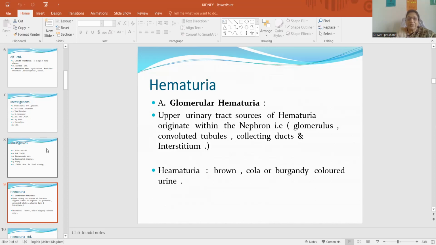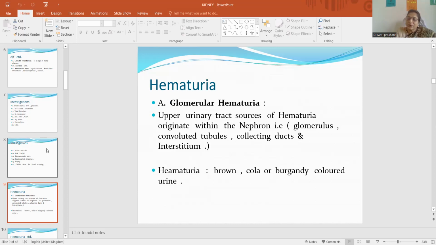Now, before going to renal disorders, what is hematuria and what are the different causes of hematuria? Glomerular hematuria: upper urinary tract sources of hematuria originate within the nephron, that is the glomerulus or convoluted tubules, collecting ducts and interstitium. This is commonly called glomerular hematuria if the blood is coming from there.